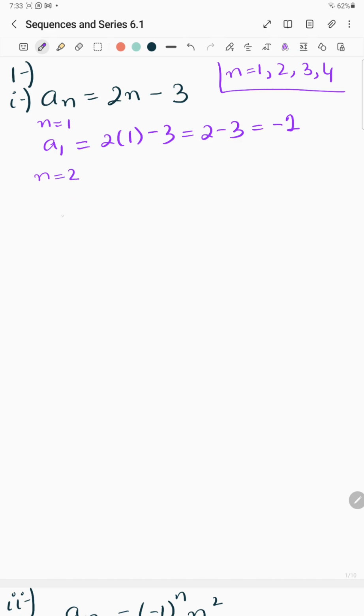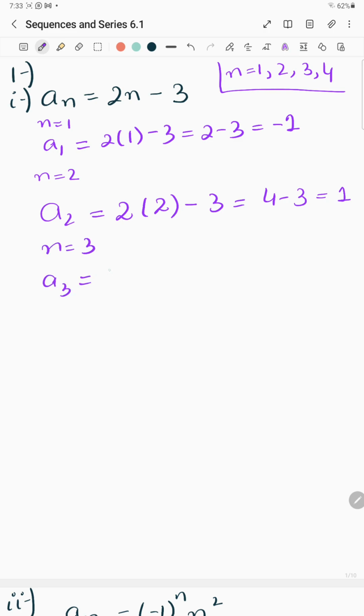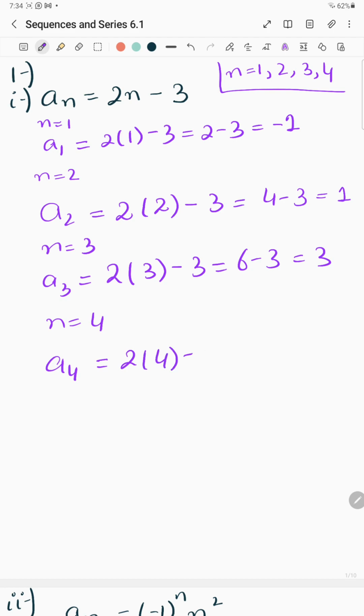For n is equal to 2, a2. Just substitute 2 instead of n. 2 into 2 minus 3, 4 minus 3, which is equal to 1. For n is equal to 3, 2 into 3 minus 3, 6 minus 3, which is equal to 3. N is equal to 4, a4 is equal to 2 into 4 minus 3, which is equal to 8 minus 3, which is 5.